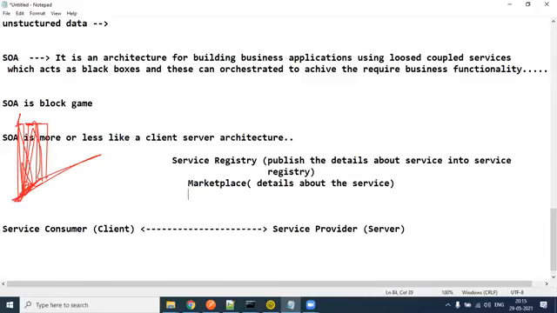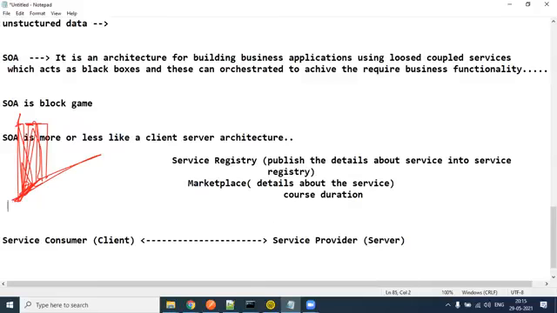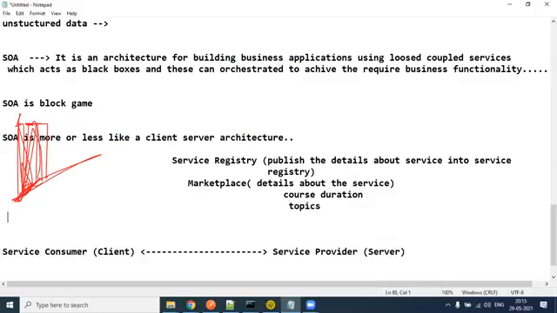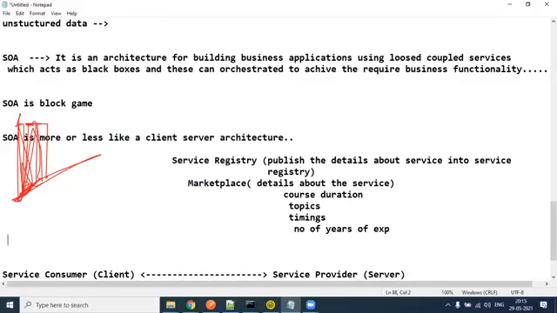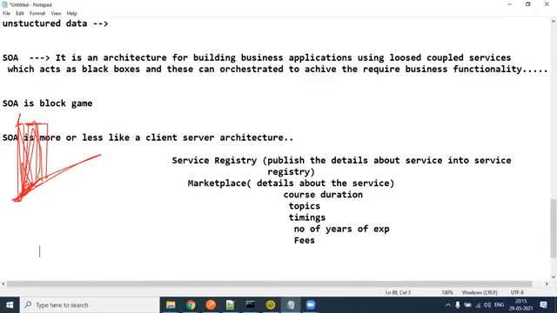For example, what is the course duration, what are the topics I will cover, what are the timings, maybe the number of years of experience I have, something about myself, then maybe the fee structure, and whether you get any certificate for this workshop or not.